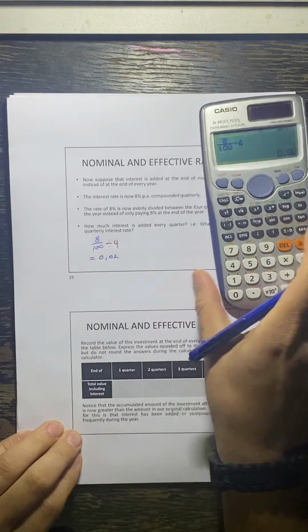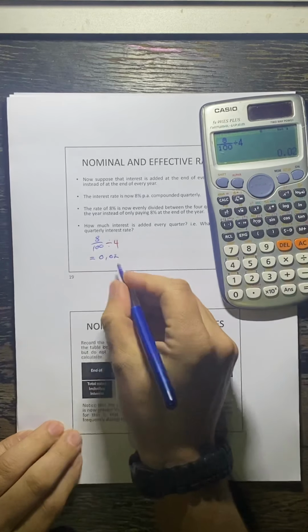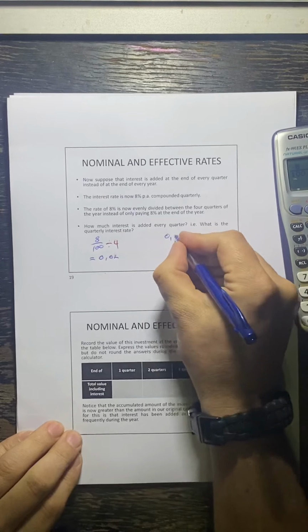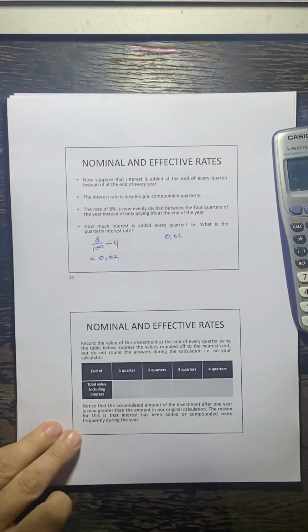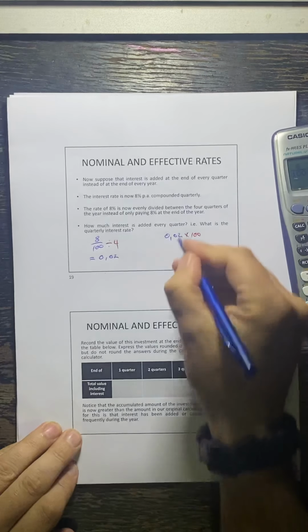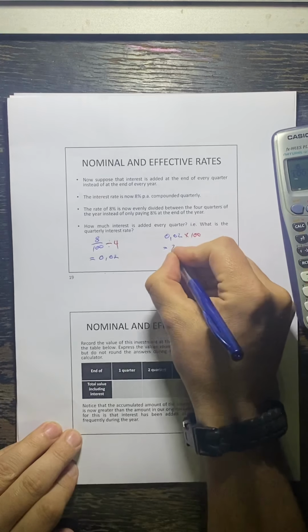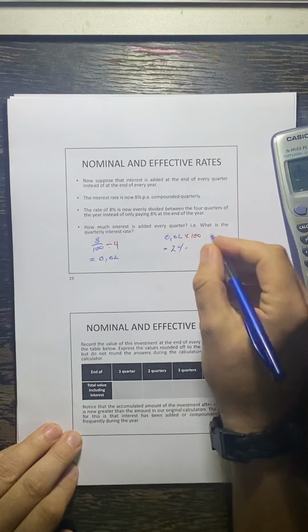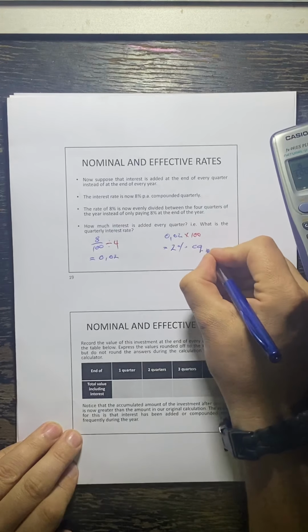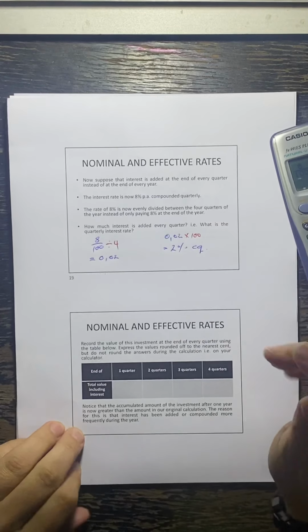To put that back into percent, what we do is we just multiply that by 100. And what we're getting now is 2%. And this is per compounded quarterly. So I'm just going to say CQ, compounded quarterly.